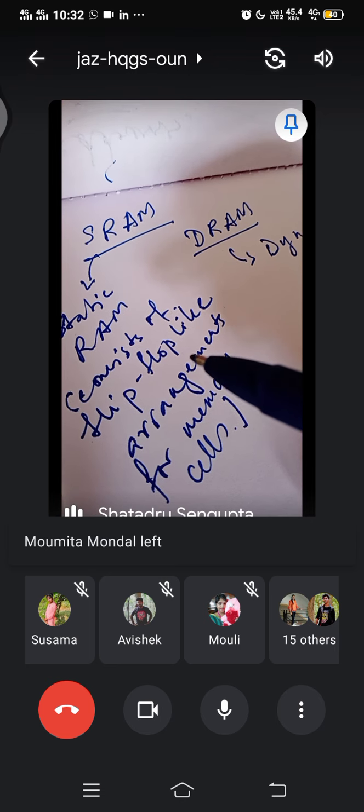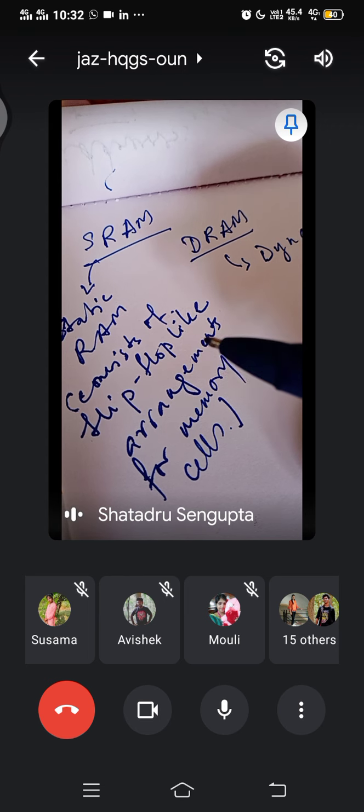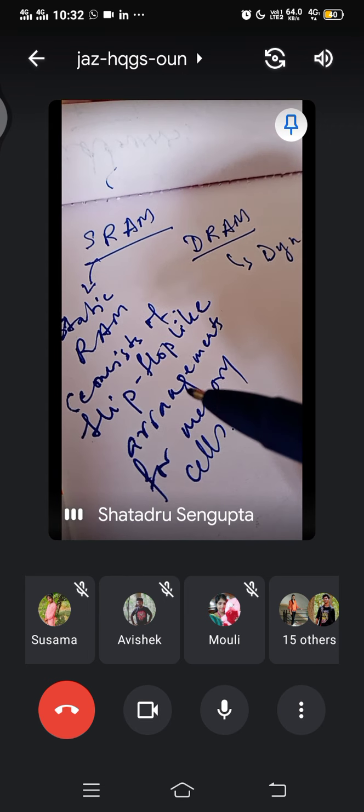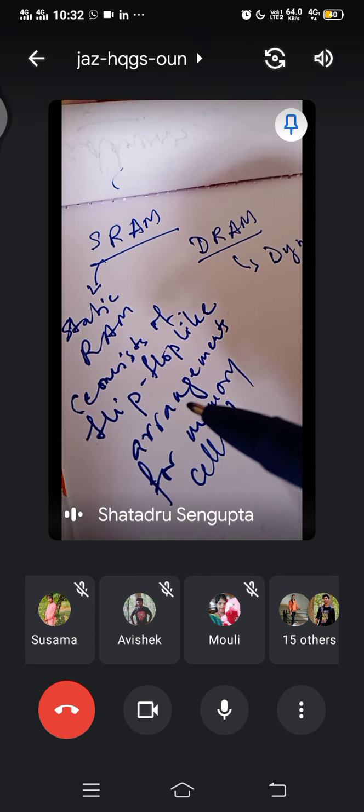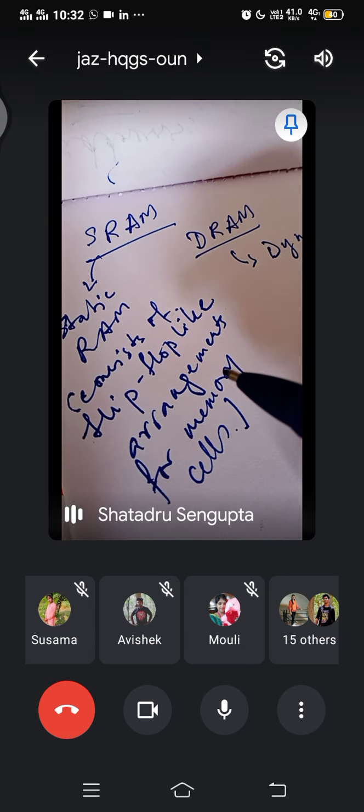If you use the RS flip-flop, sending a reset will give you a 0 in Q and a 1 in Q bar.